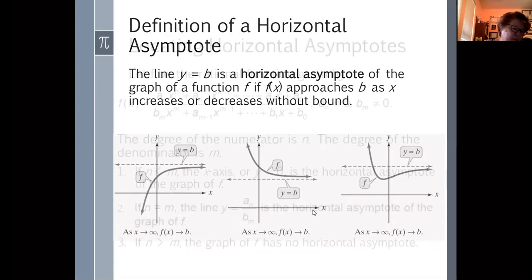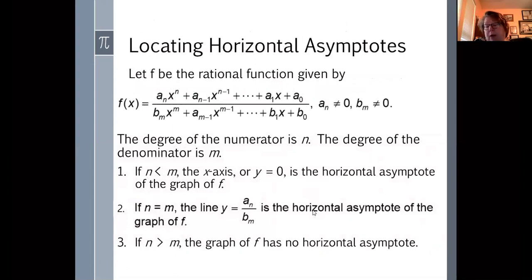All right, how do we find them? We have some rules that we use to find horizontal asymptotes. Let f be the rational function given by f of x equals a polynomial function of degree n in the numerator and a polynomial function of degree m in the denominator. The degree of the numerator is n. The degree of the denominator is m. If the numerator's degree is less than the denominator's degree, then the x-axis, or y equals 0, is a horizontal asymptote.